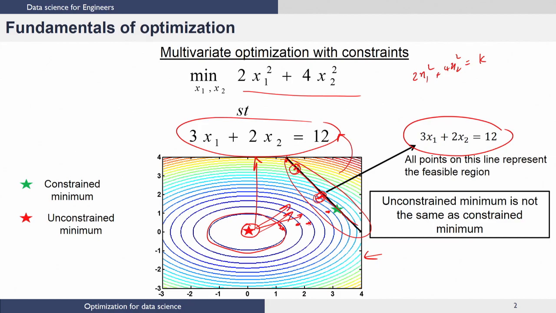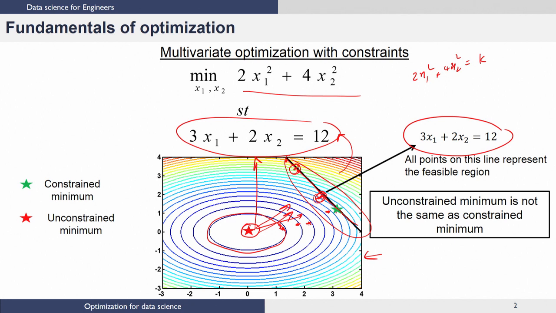So, if you keep repeating this process, you are going to find a contour here where I touch this line for the first time. When I touch this line for the first time is the point at which, for the first time, when I give up my objective function value, I am also able to satisfy the constraint.